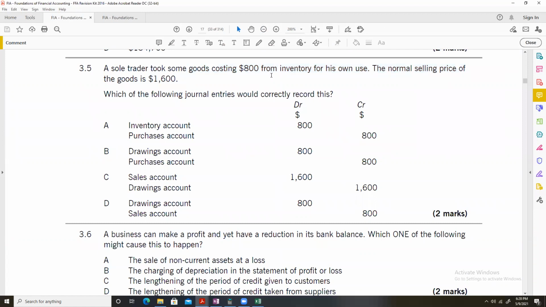Now, whenever the owner makes a drawing in place of inventory, goods purchased, we debit the drawings account, as this is a drawing from the owner, and we credit the purchases account.